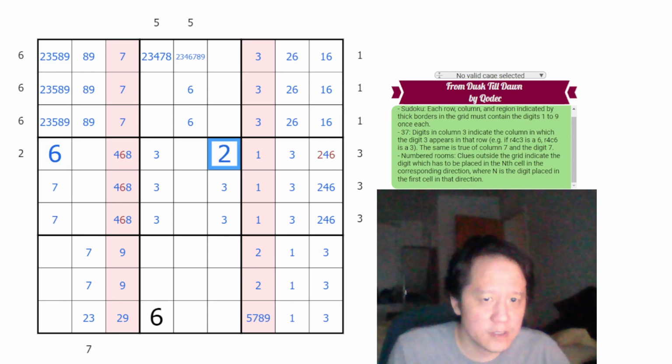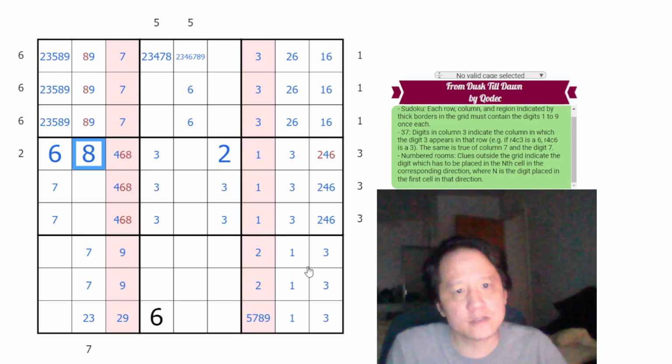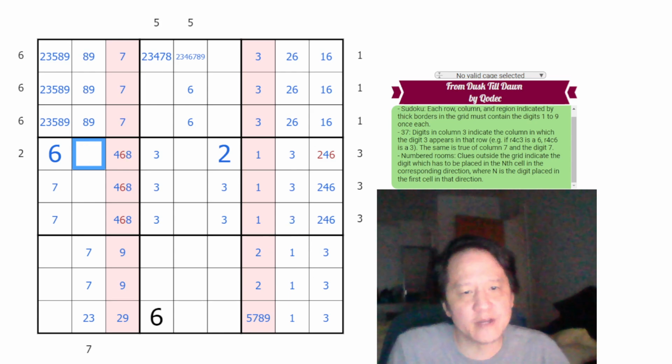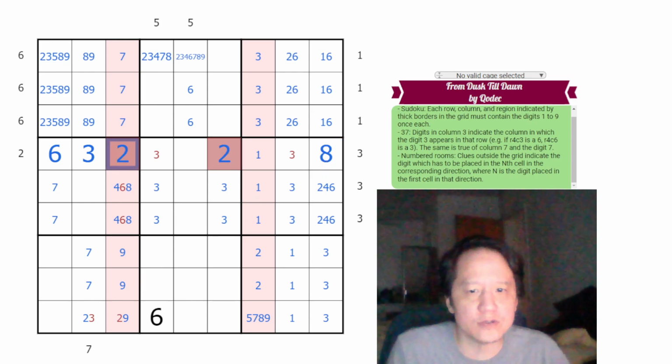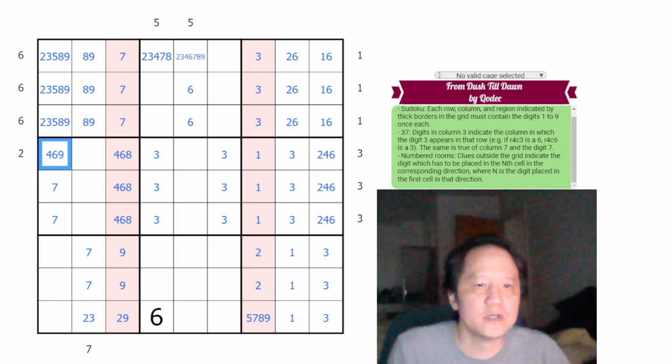Otherwise, can it be 8? Or not? This is 3. This is 8. This would have to be 2, so no. So in both of those, in 4 and 6, we led to this being 3, this being 9, this being 7, and this being 9.